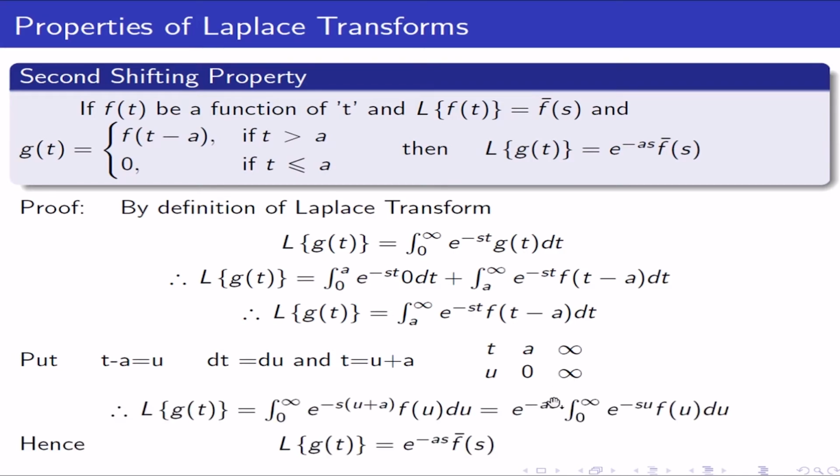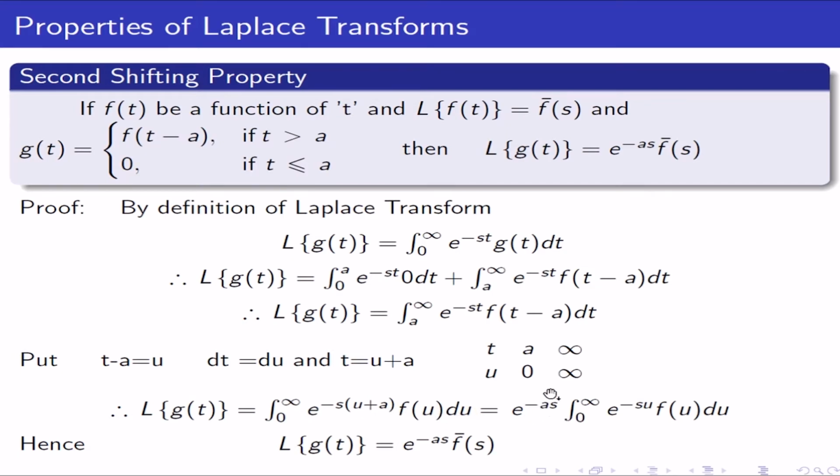By putting the integral in terms of u, you will get the integration from 0 to infinity of e to the power minus s times u plus a, since t will be replaced by u plus a, f of u du. If you observe this e to the power minus s times u plus a, here e to the power minus sa is a constant as far as integration with respect to u is concerned.